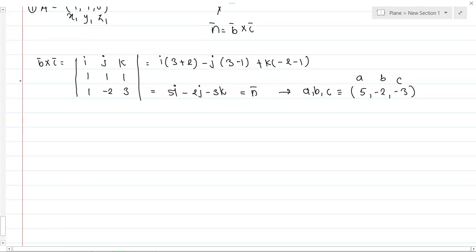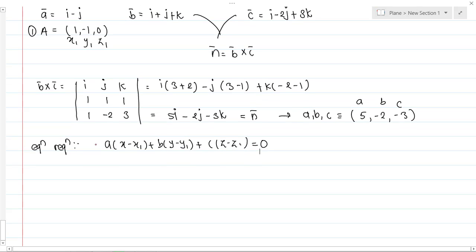So the required equation is a into bracket x minus x1 plus b into bracket y minus y1 plus c into bracket z minus z1, which equals 0. The point is 1, minus 1, 0.